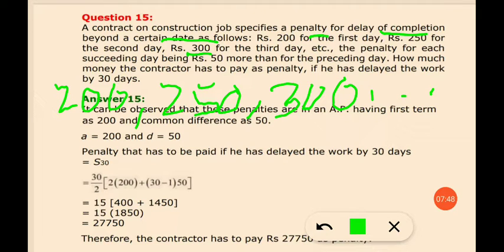Is it an AP? Yes, it is an AP with a is equal to 200 and d is equal to 50. Okay, so let's see what we have to find out.